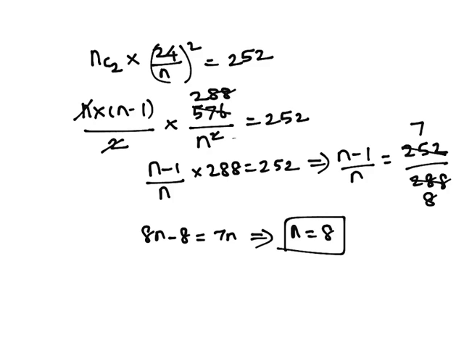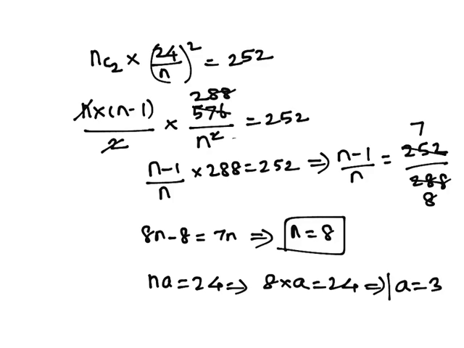Now we also know that na equals 24, which means 8 into a equals 24, which means a equals 3. That's it. So the value of n is 8 and the value of a is 3. I hope you understood how to do this problem, students.